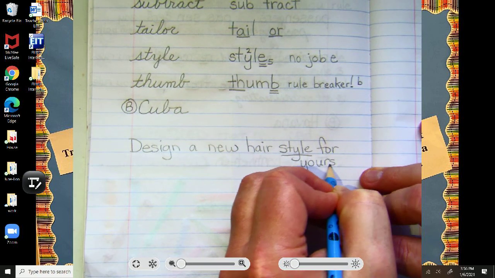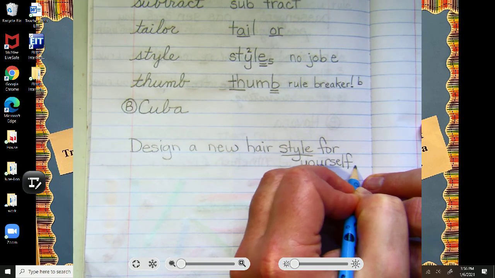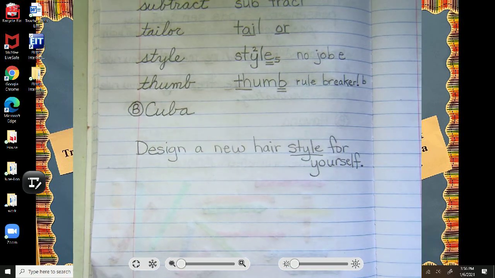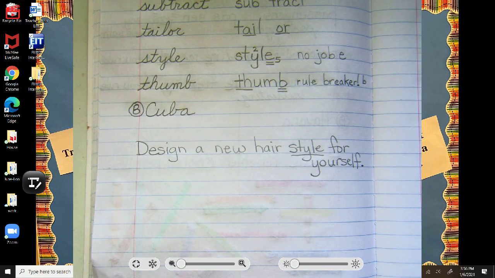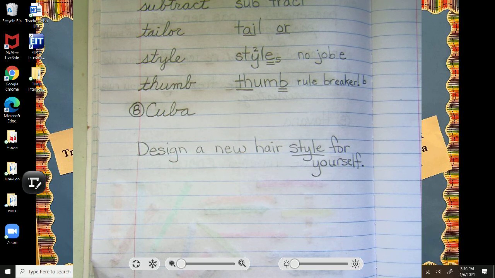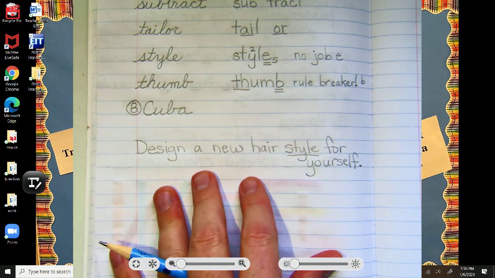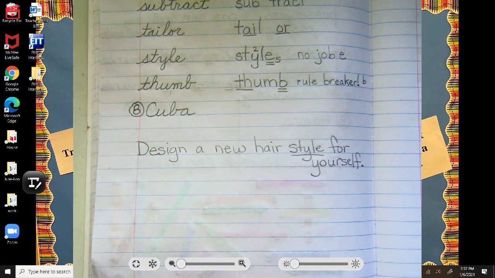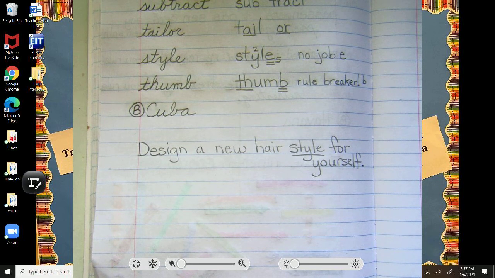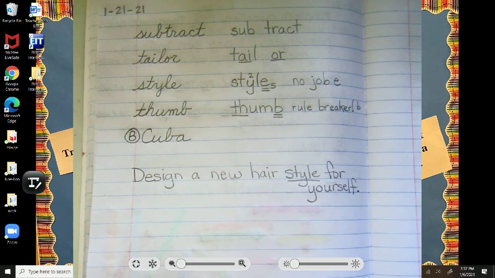So draw yourself with a brand new hairstyle. If you want to check out my enrichment and see what my new hairstyle looks like, be sure to click on that in the post. Check it out. Remember, this part down here at the bottom is optional. The required part of the assignment is to open the Google form, answer those 5 questions working with today's spelling words, and then click submit to get those sent in to your teacher.